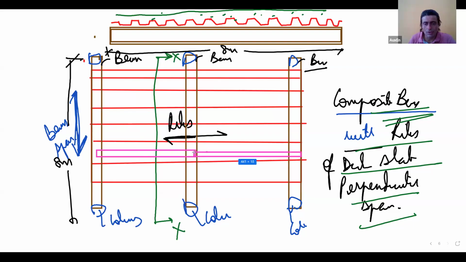So this was one beam, and it was connected to the trough of the deck sheet. And suppose I were to draw this section BB, how would this section look? It would look something like this. Let me draw it over here. This would be the beam cross section that you will see.